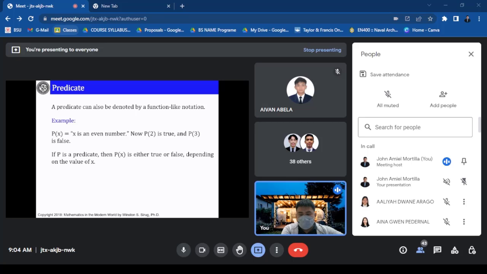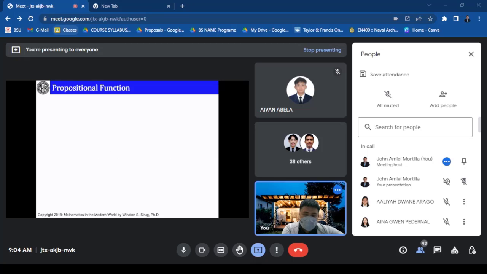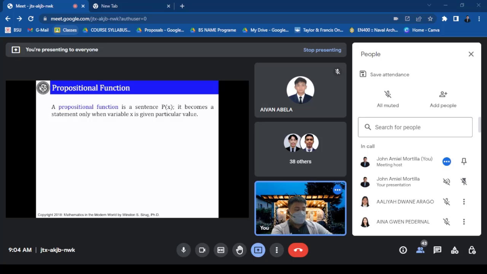So, if P is a predicate, then P of x is either true or false, depending on the value of x. So we have a propositional function. A propositional function is a sentence P of x. It becomes a statement only when the variable x is given a particular value.